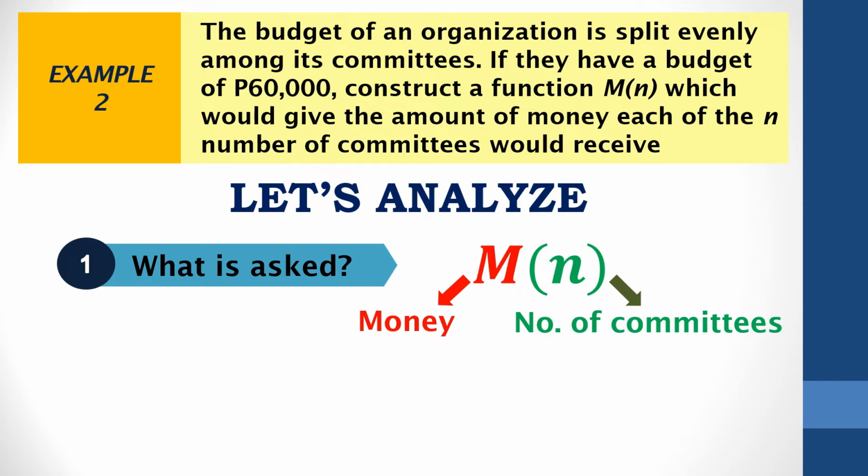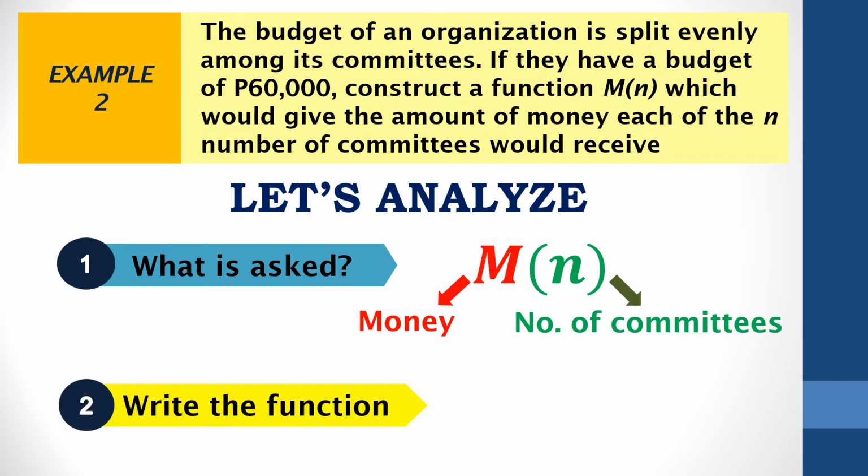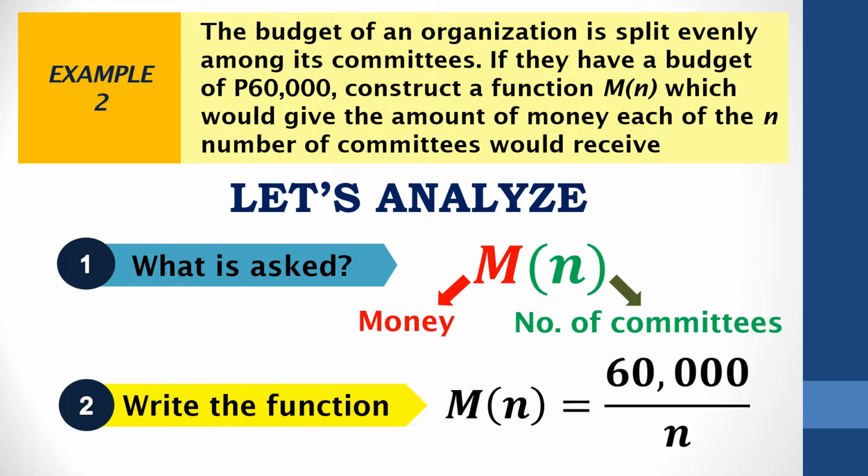So, of course, kapag magdi-divide po tayo ng money, magdedepende din po yun kung ilan pong committees ang maghahati-hati doon, writing the function. So, of course, meron na tayong keyword, split evenly, or sinabi ko kanina, divide, hinati-hati. Therefore, ang gagamitin nating operation is division. So, we have m of n equals 60,000 over n.